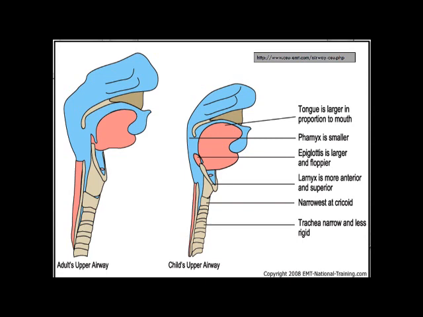On the left hand side of the slide we've got a diagram of the adult upper airway, and on the right hand side the pediatric upper airway, and you can see the differences in the proportion of the tongue and the pharynx, the epiglottis being larger and floppier in the pediatric patients, and also the larynx is more anterior and superior, and the narrowest point in the airway in pediatric patients is the cricoid, and the trachea is less rigid or less developed due to lack of cartilaginous tissue in it.